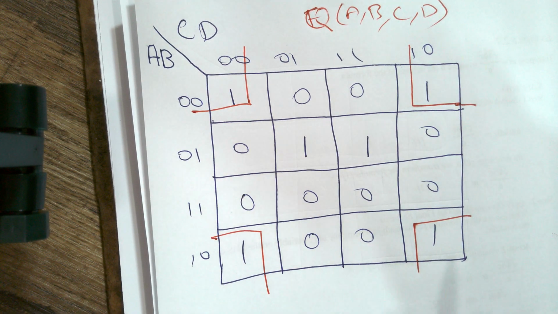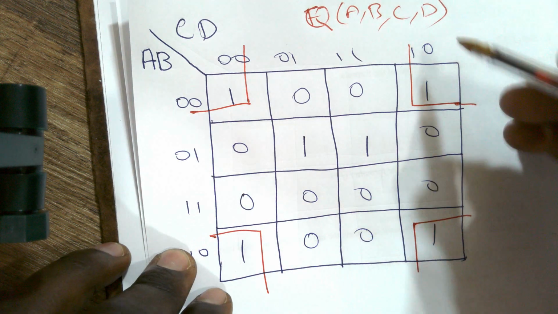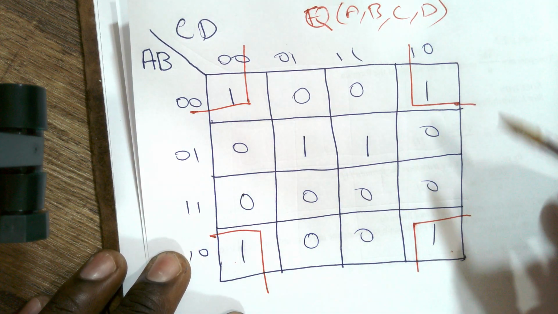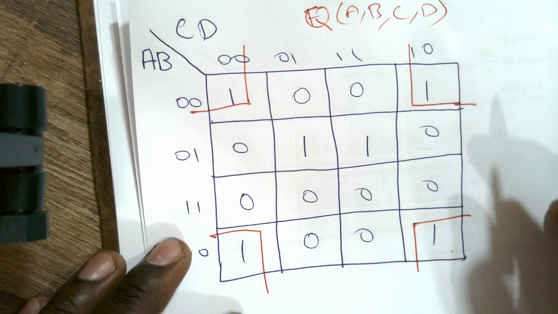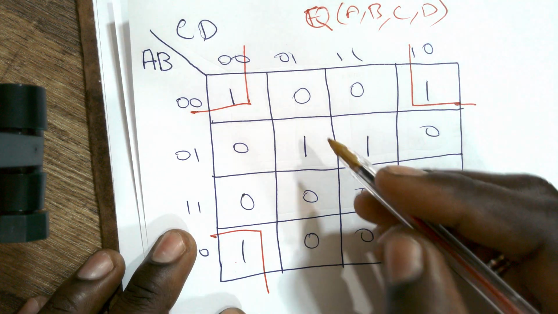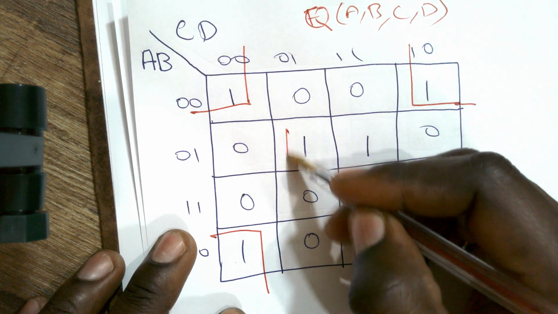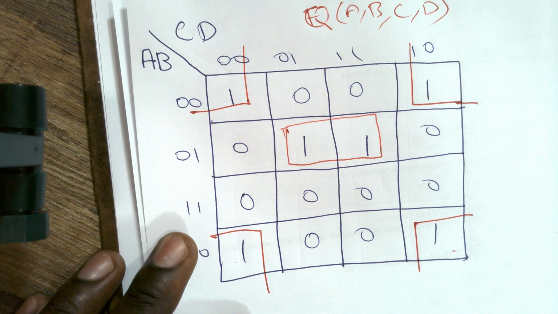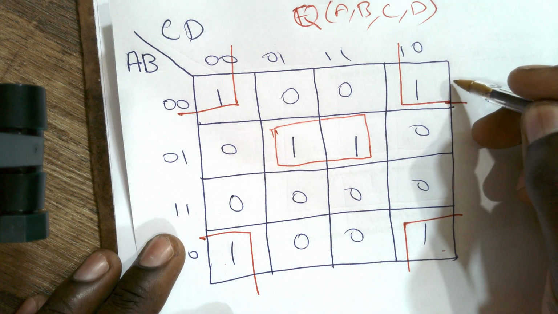So look out for that. Always look out for the corners being wrapped around, or look out for those corners that could end up in the same circle. And also we have another 2 ones here that we circle.